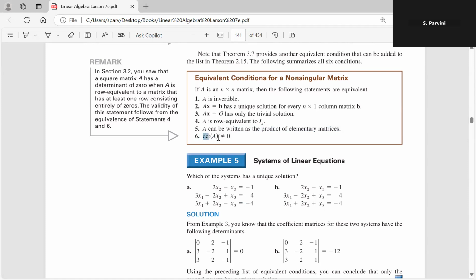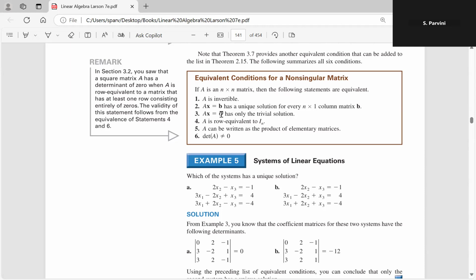If the determinant of A is not 0, the matrix is invertible, which in turn means the linear system has a unique solution. AX equals 0, which we call the homogeneous system, has only the trivial solution.